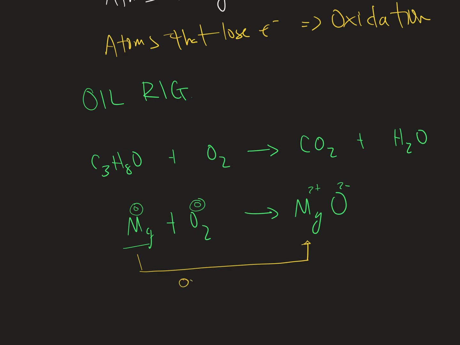It's oxidized. We saw that it oxidized, and it became magnesium oxide. And oxygen does what? Reduced. It goes from 0 to -2. If you have oxidation, you have reduction. If you have reduction, you have oxidation. Good?